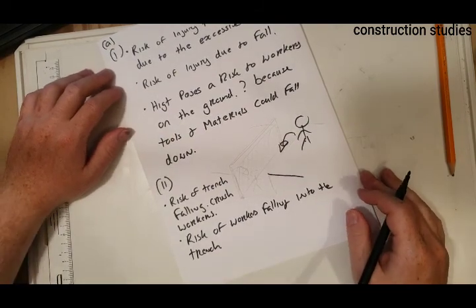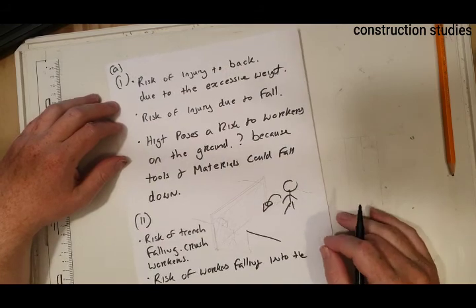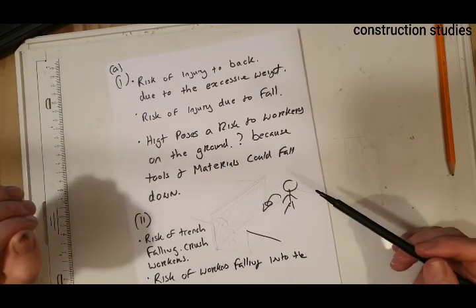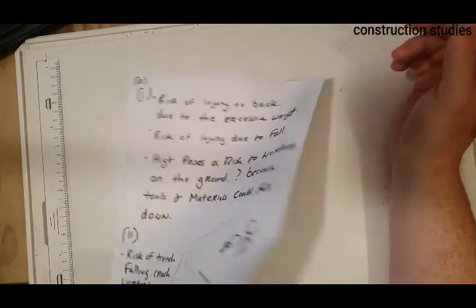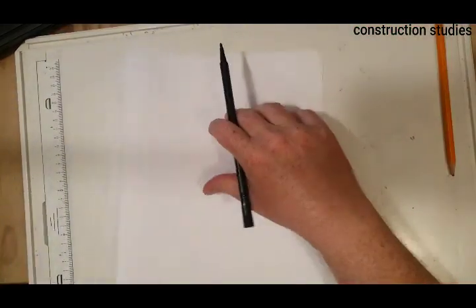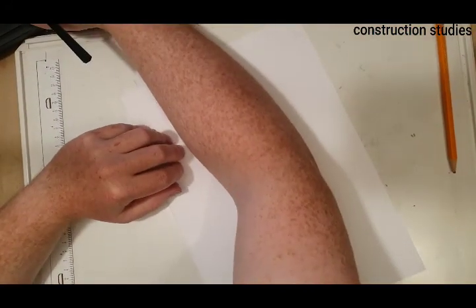Hopefully you can read my writing. I'm trying to write as big as possible so you can see it. So that's the second part of part A. The beauty of this is you're just folding over the sheet and continuing on with the question.